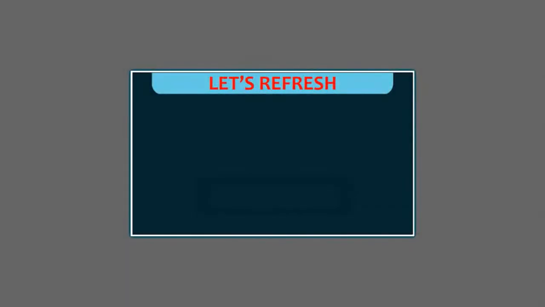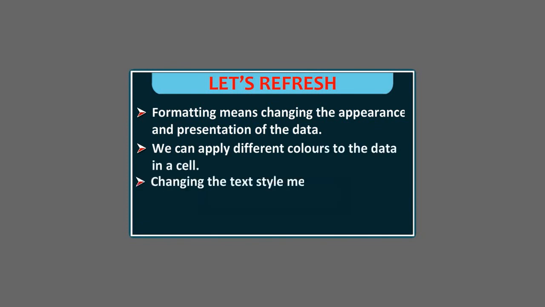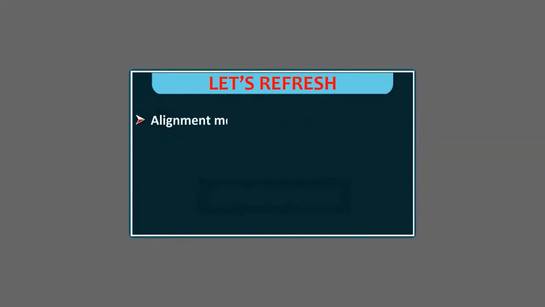Let's refresh. Formatting means changing the appearance and presentation of the data. We can apply different colors to the data in a cell. Changing the text style means making the data bold, italicized or underlined. Alignment means positioning the data within a cell.